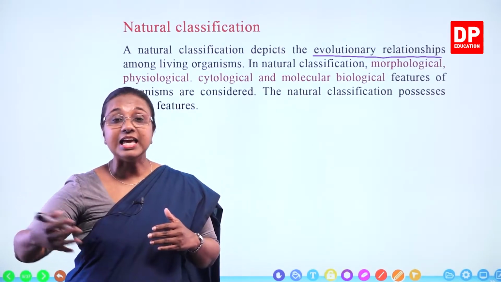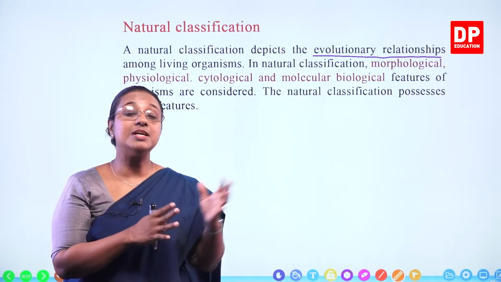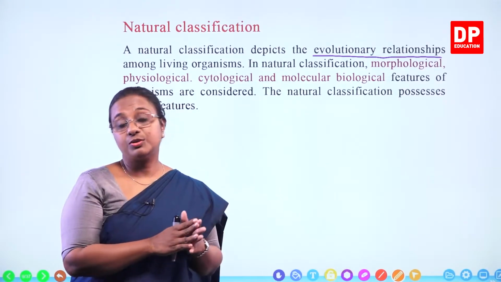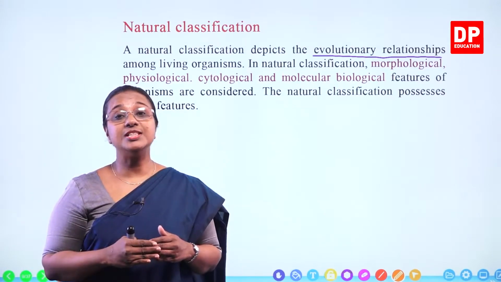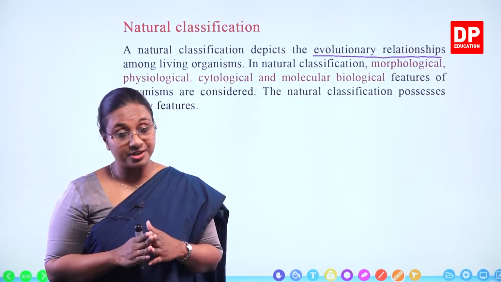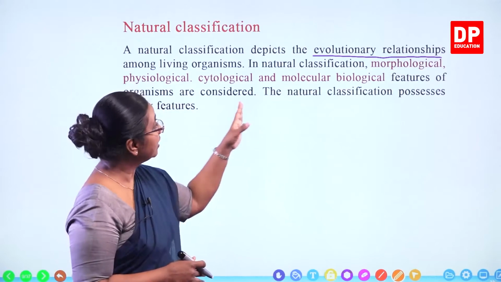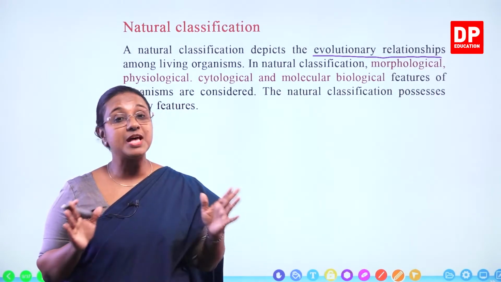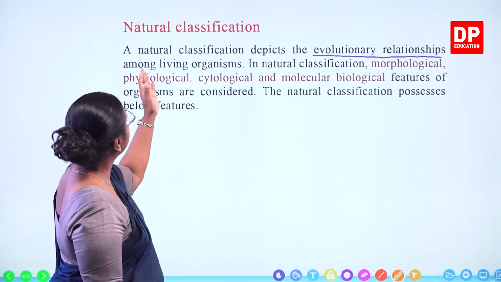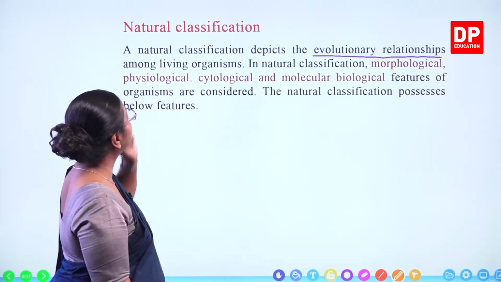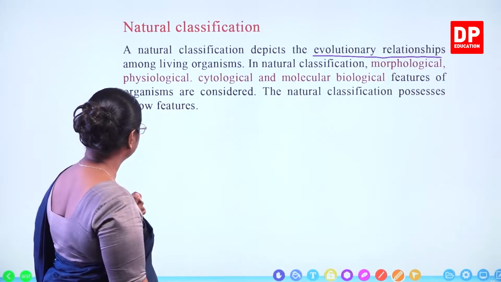Likewise, algae, although they have green pigments, chlorophyll, they belong to a certain group, whereas the plants that do photosynthesis, they belong to a different group. So that is where the evolutionary relationships are important. So all that will be considered and it will be explained in natural classification.